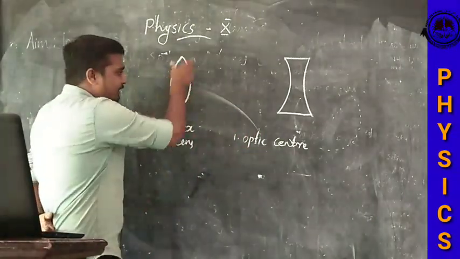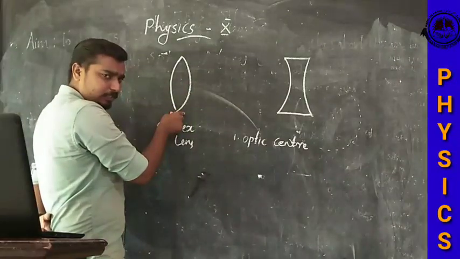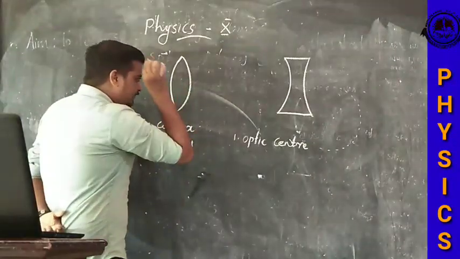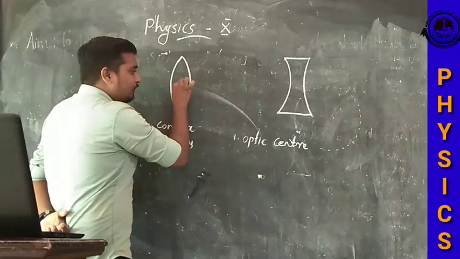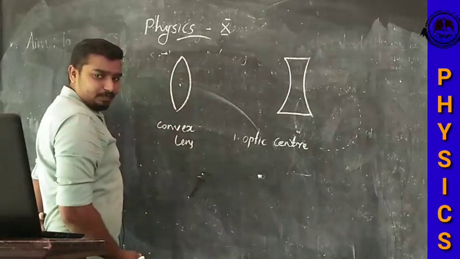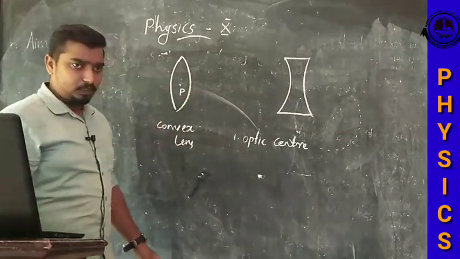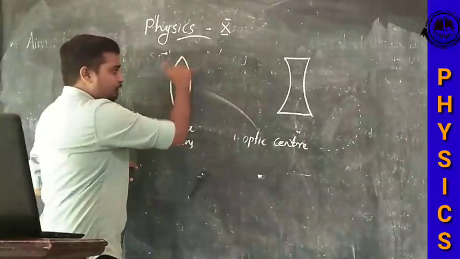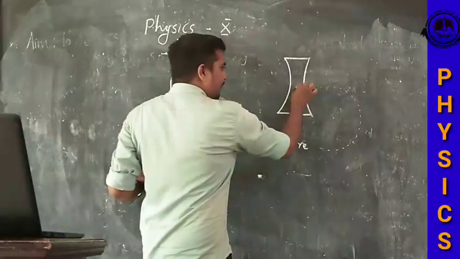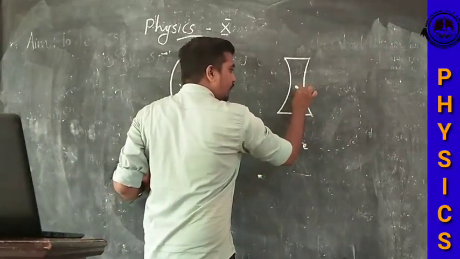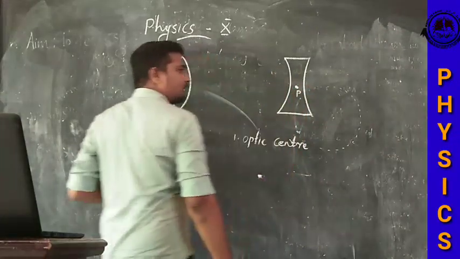That is, this is a lens and its midpoint is called the optic center, and it is represented as P. This is the optic center of the convex lens, and similarly here, the midpoint of this lens is called the optic center.